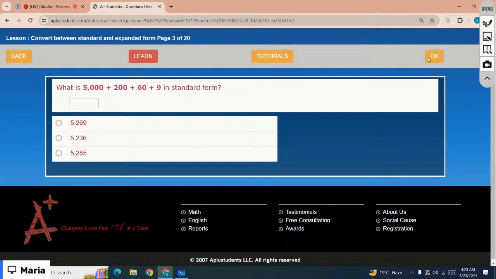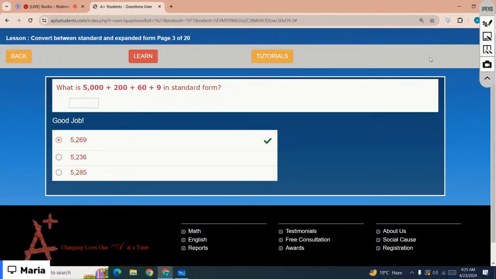What is 5000 plus 200 plus 60 plus 9? Option number 1 is the correct option, right?